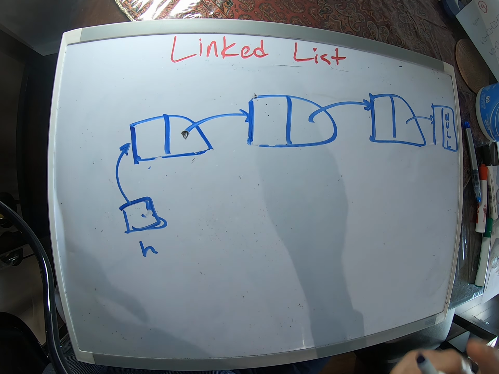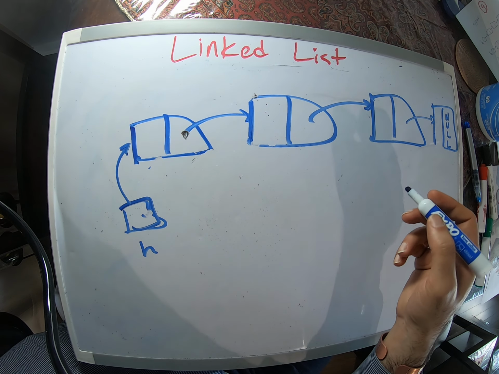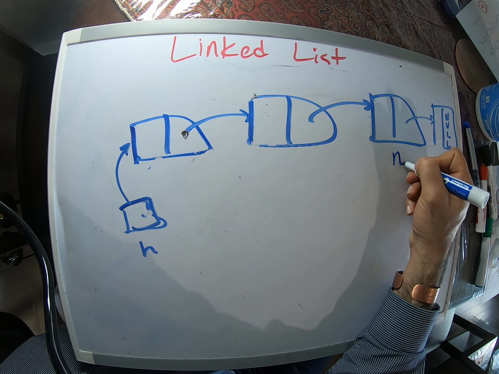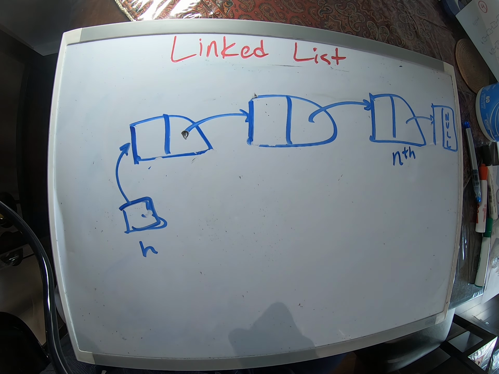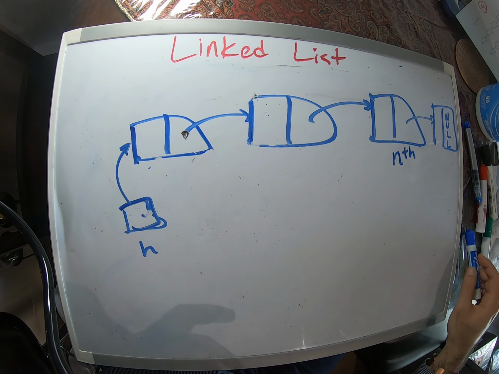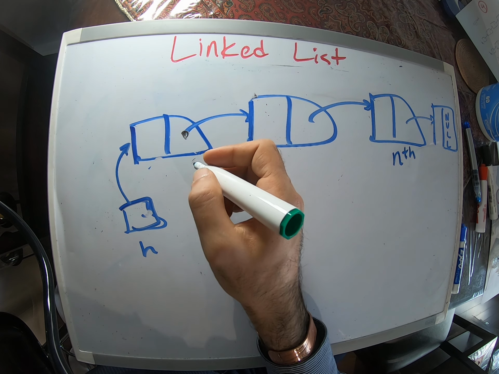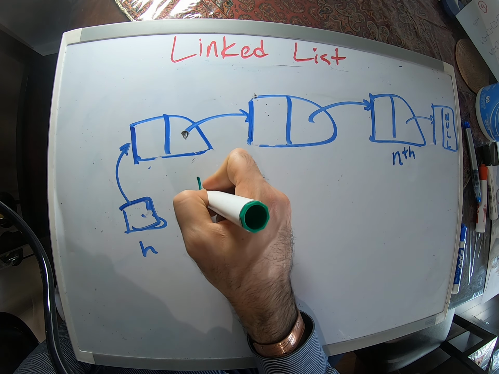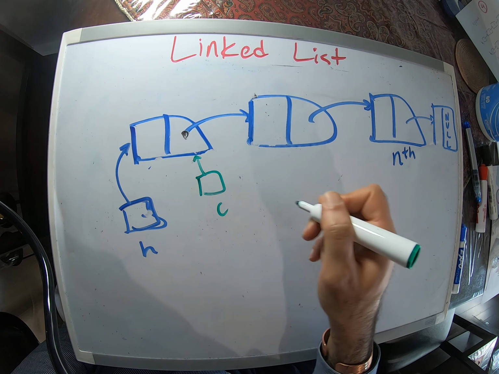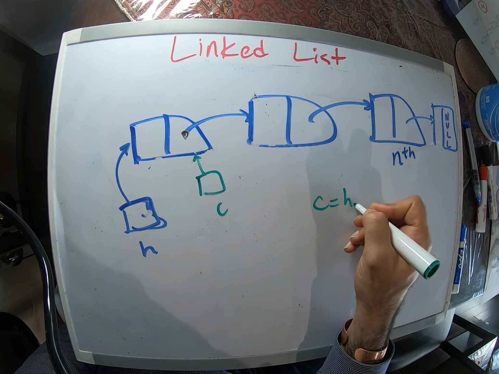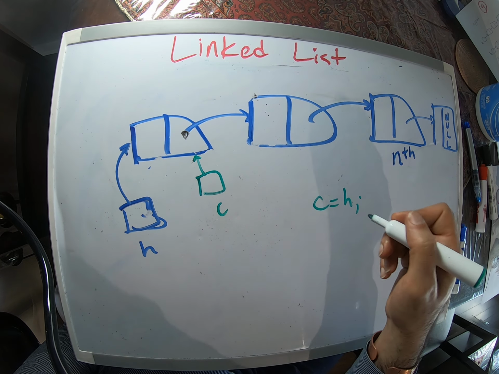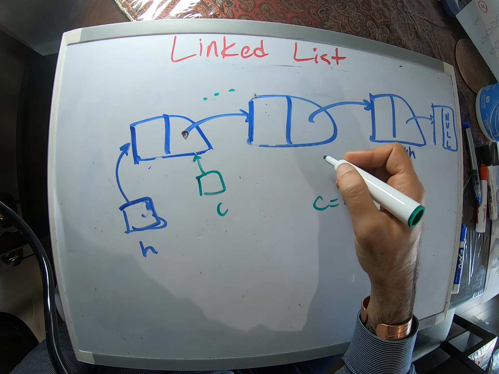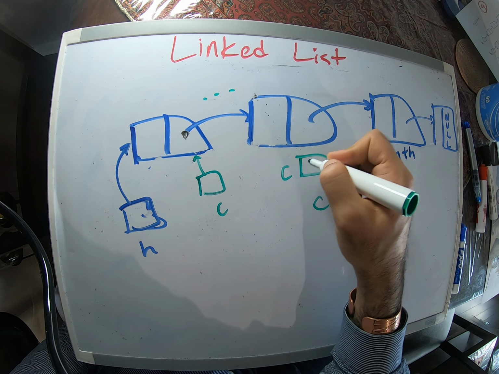Now, let's say that we want to delete the nth element. This is the nth element and we want to delete it. Okay, so I have a pointer, let's call it current, C, that I initialize with H, and I move it all the way to here.